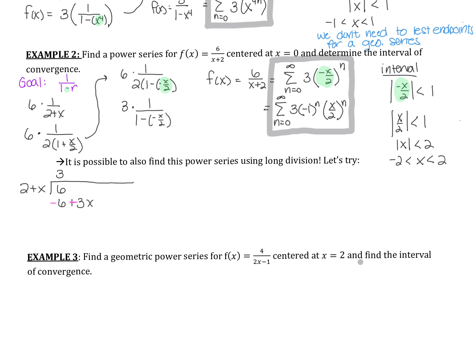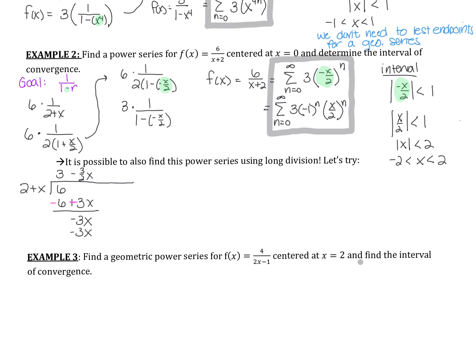And so as I bring down my terms, I'm hoping to get 2 to go into negative 3x. Okay, well, if 2 is going to divide into negative 3x, it's going to go in negative 3 over 2 x times. That way, when I multiply negative 3 over 2 x times 2, we get negative 3x.